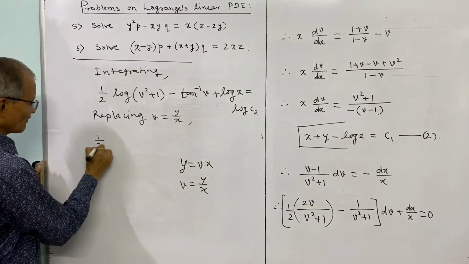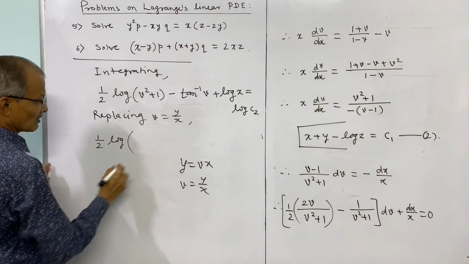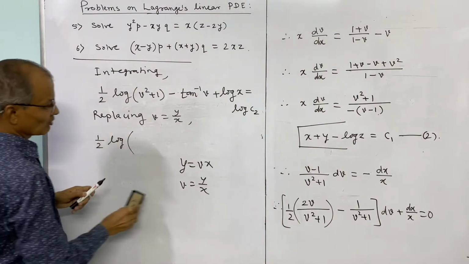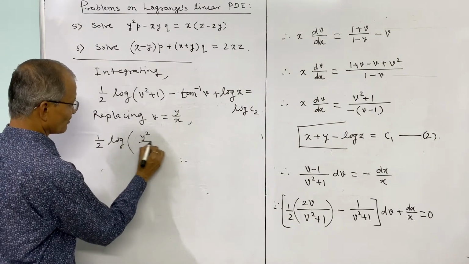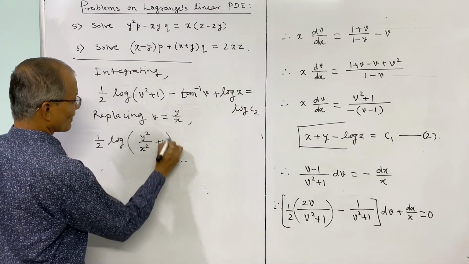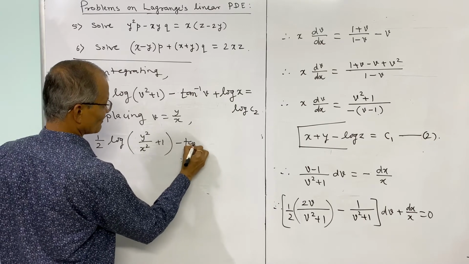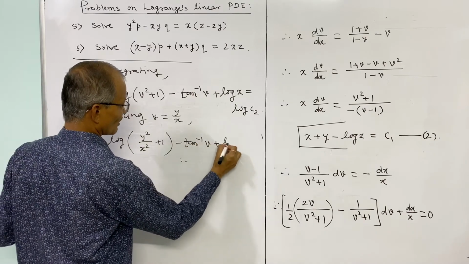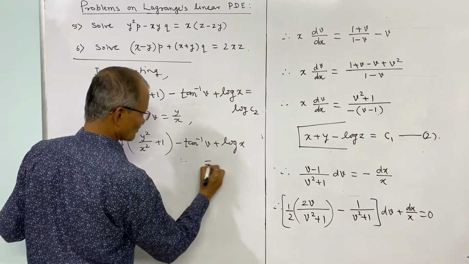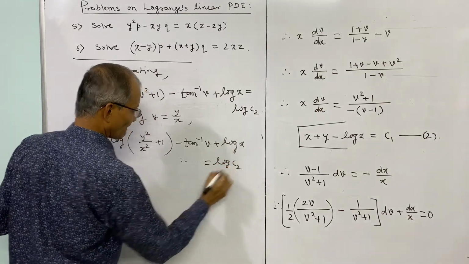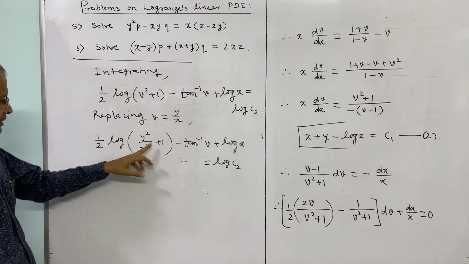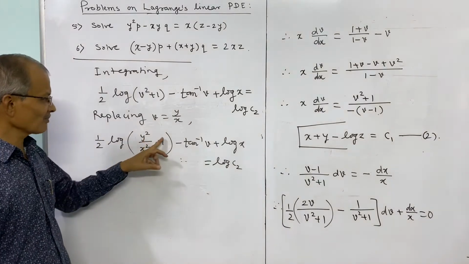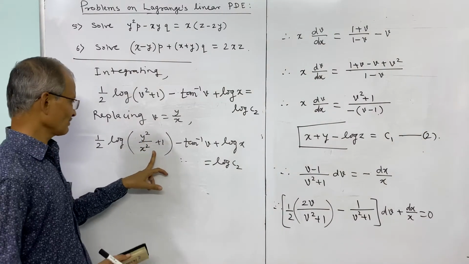We have half log of (y upon x) whole square plus 1, that is y square divided by x square plus 1, minus tan inverse of v plus log x is equal to log of c2. If we add it, it will be x square plus y square divided by x square.